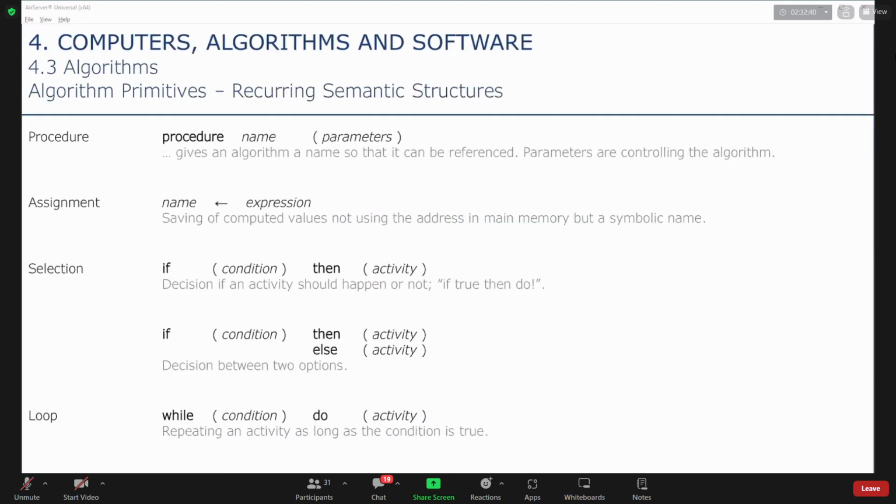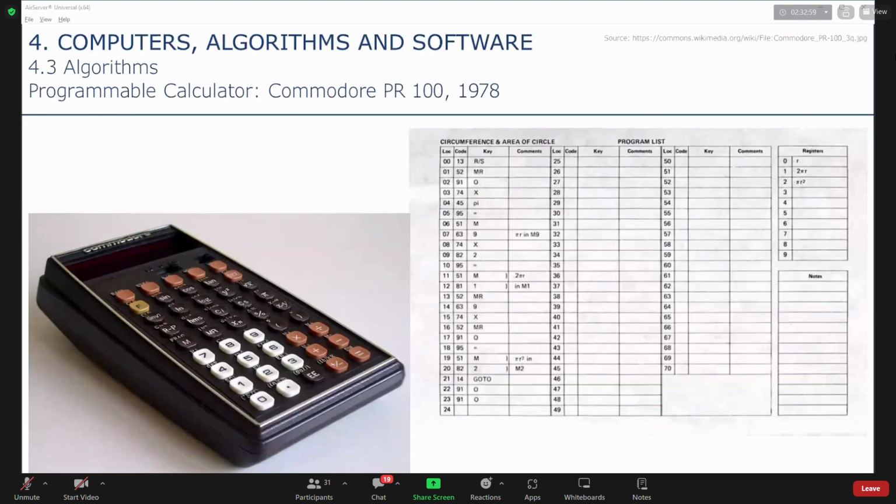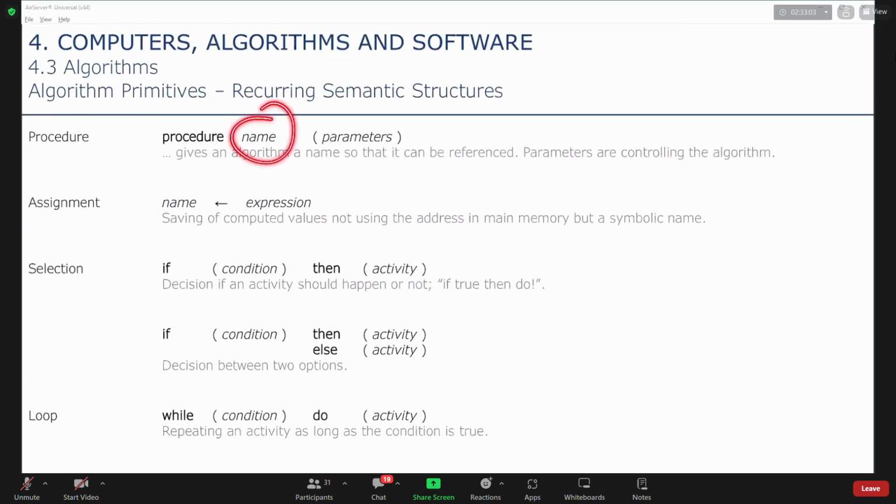And how such an algorithm is looking like in a general manner, not in a certain programming language, just in a general manner, is like that. So usually you have a name for the procedure, which gives an algorithm a name so that it can be referred to. Here you do not have a name, here you have a code for the algorithm. But in general, you usually have a name, then you have some parameters that you're handing over, so input and output parameters.